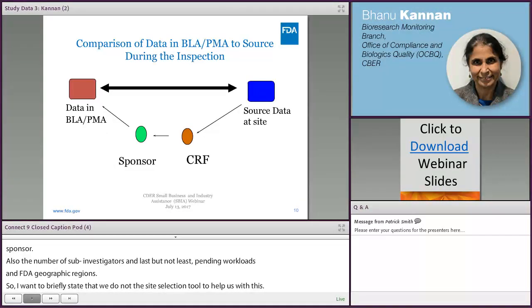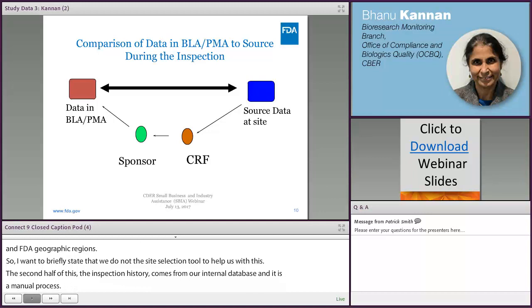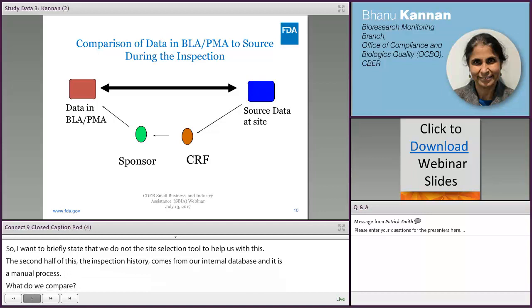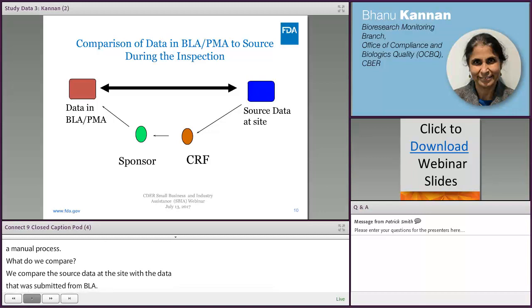So what do we compare? We compare the source data at the site with the data that was submitted in the BLA. The earlier speaker had talked about the data, namely it could be all the adverse events, the demographic data, the disposition data, whatever was submitted in the BLA, we will compare with the source data.